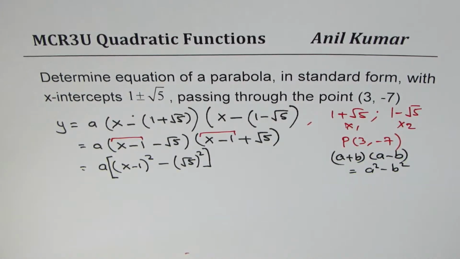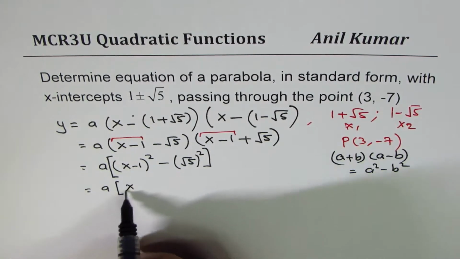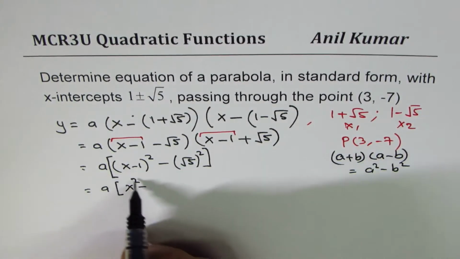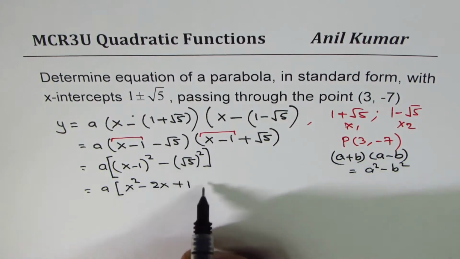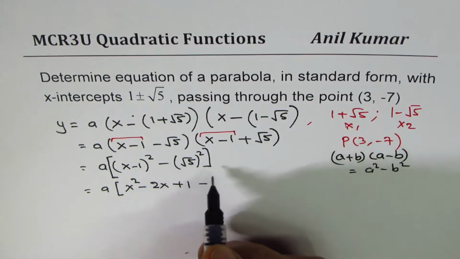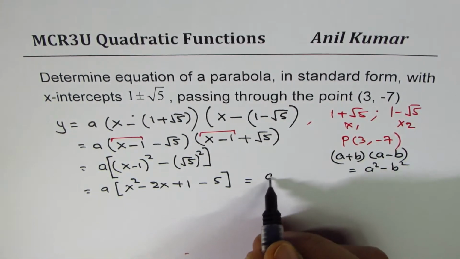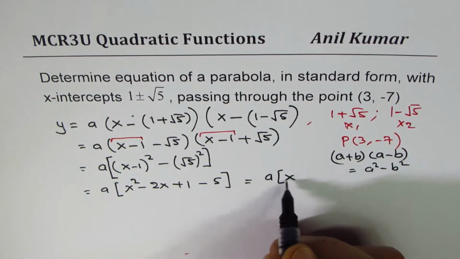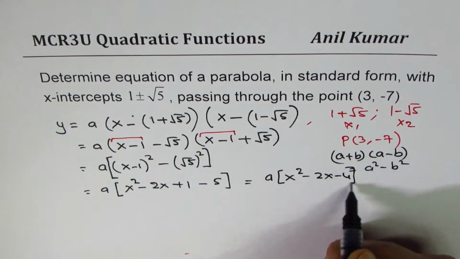That is how you can do it. Now let's expand. We get x squared minus 2ab, which is 2x, plus square of 1, and square of square root is the number itself, which is 5. And that gives us a times x squared minus 2x minus 4, correct?